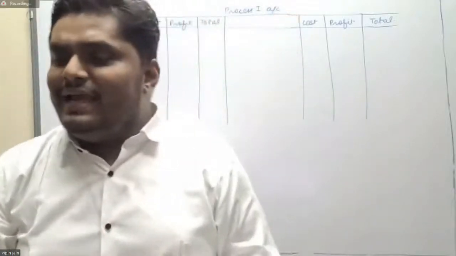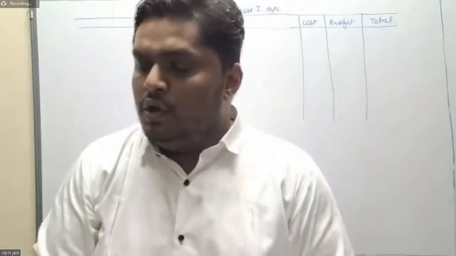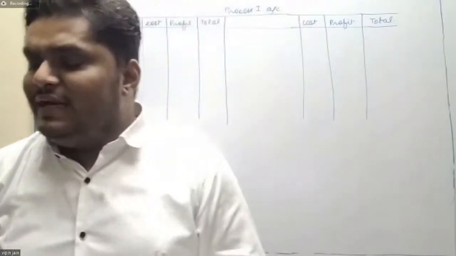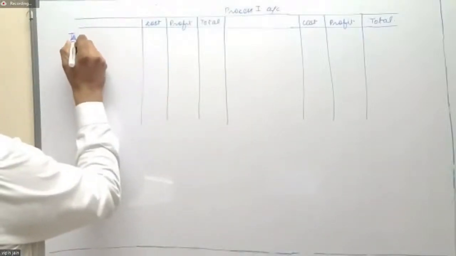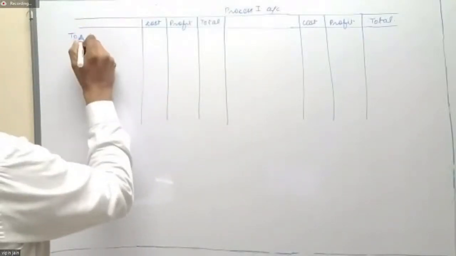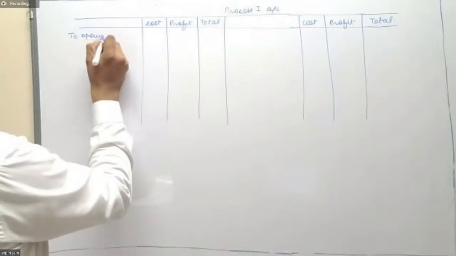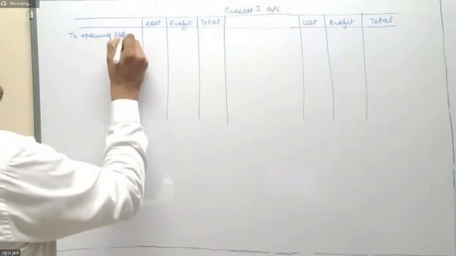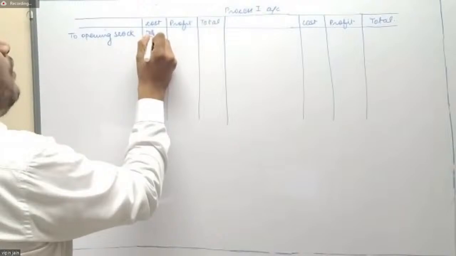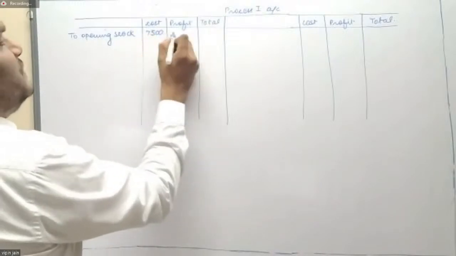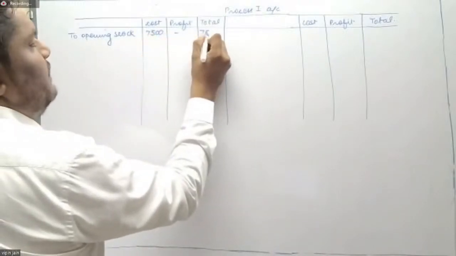So let's start, guys. Here opening stock is given, that is 7,500. Since it is the first process, no profit is involved.